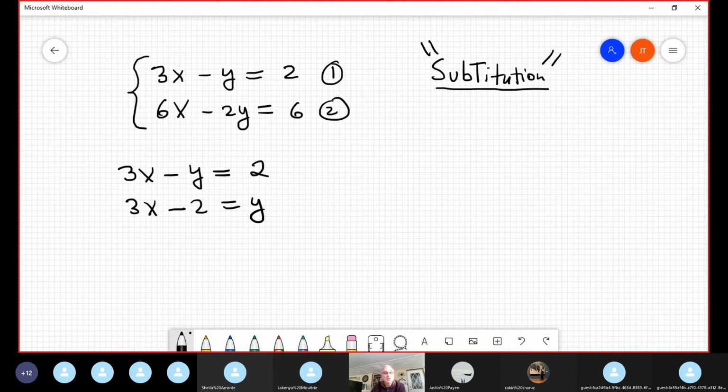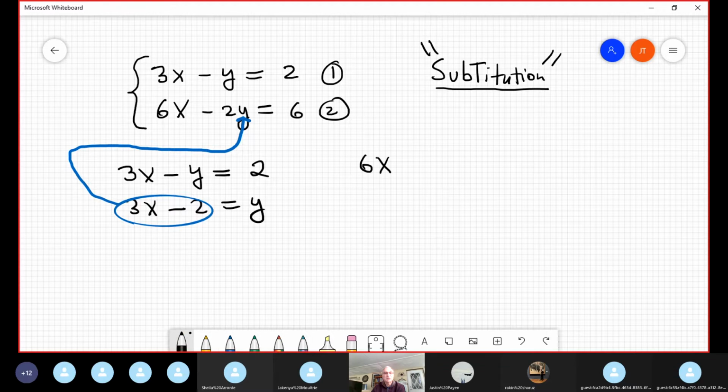Now I know that this is equivalent to y, and I substitute this expression into the other equation, in the y value of the second equation. Now you have 6x minus 2 parentheses y, which is equivalent to 3x minus 2, equals 6.